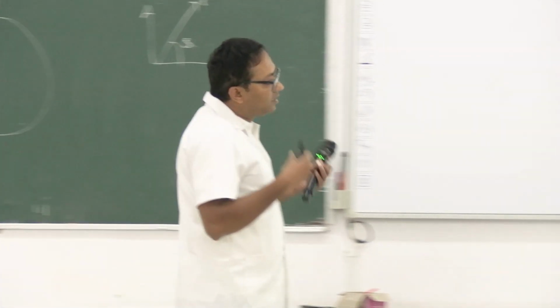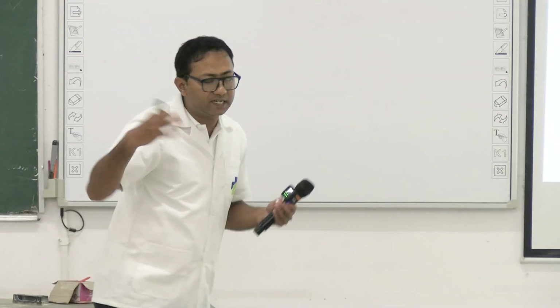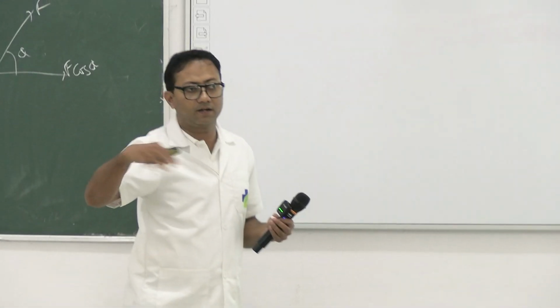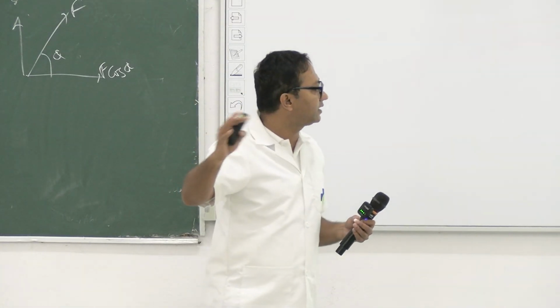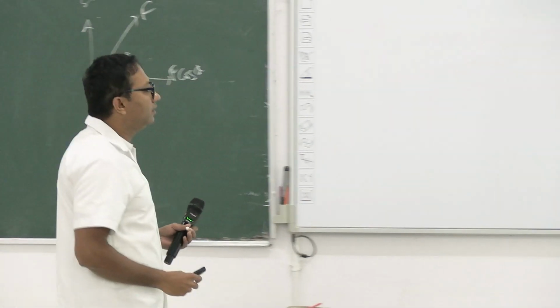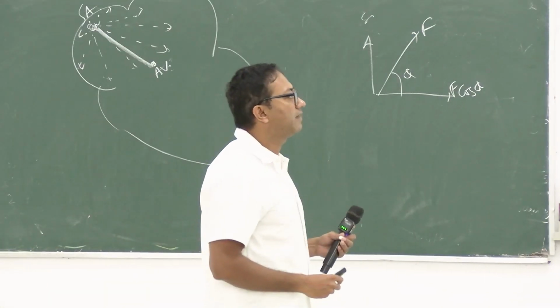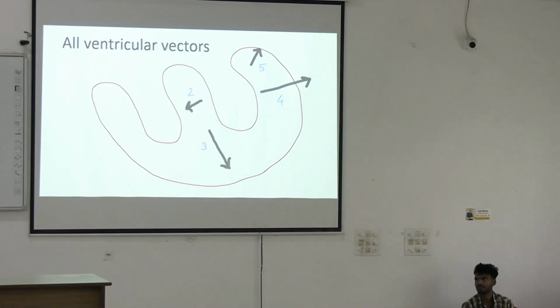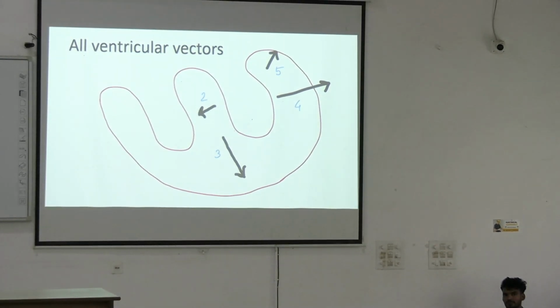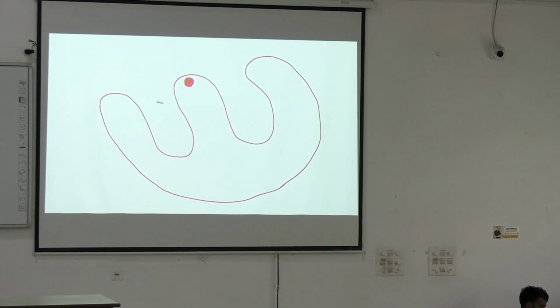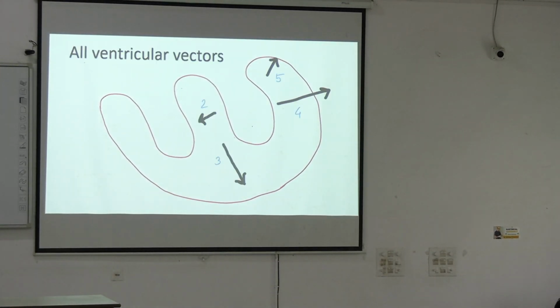Now check all the vectors, all the ventricular vectors. We are not considering the atrial vectors. So 2, 3, 4 and 5. Clear? So this is ventricle only. We have left out the atrial depolarization vector, right? So 2, 3, 4, 5.